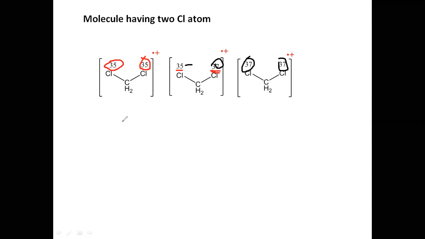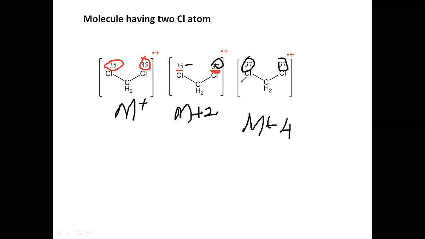If you consider this as M plus, so what do you say for this? M plus 2, right or wrong? Yes. And what do you say for this? This increases mass by 4, so we can say M plus 4. So there are three expected peaks. If there are two chlorine, the number of peaks in the mass spectrum, total isotopic peaks, is 3.